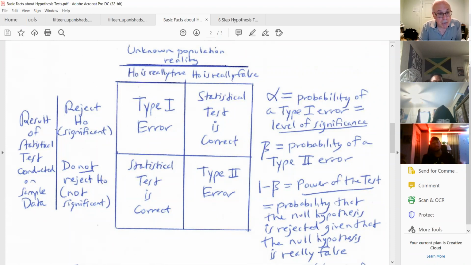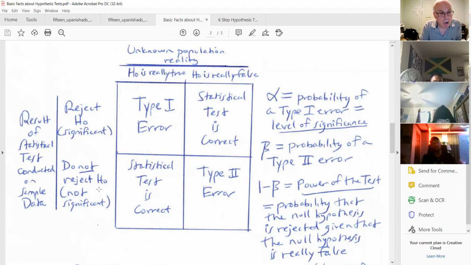On the left side here are the results of our statistical test. If our test tells us to reject the null hypothesis, and the null hypothesis is actually true, then we made an error. That's called a type 1 error. Now, if we reject the null hypothesis and the null hypothesis is really false, then we've made a correct decision.